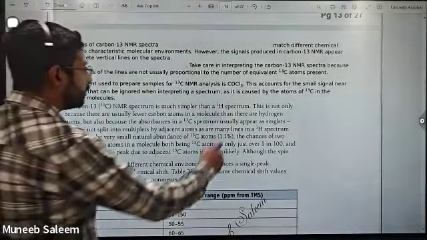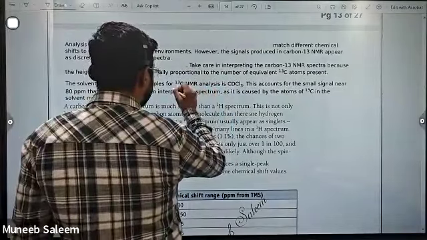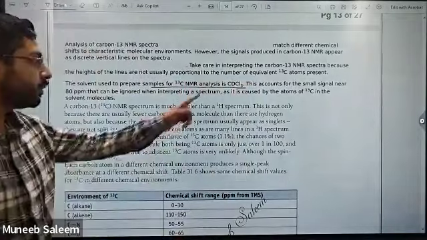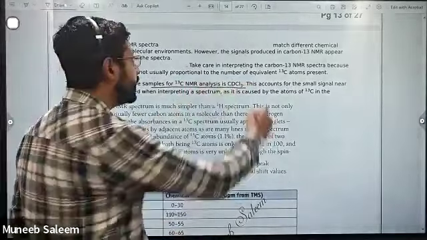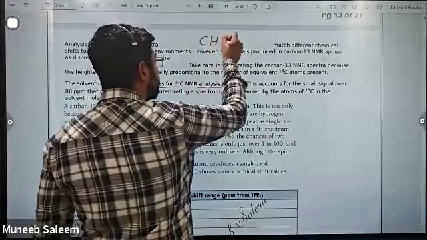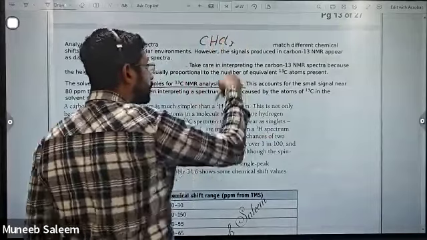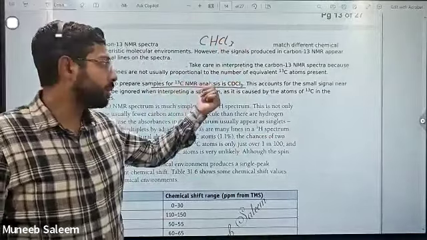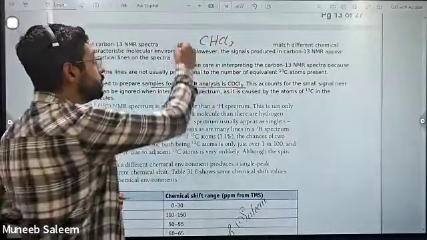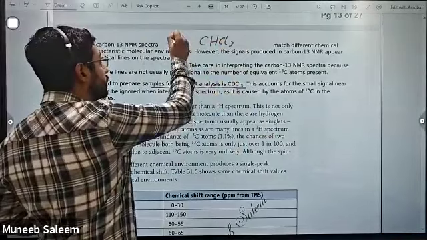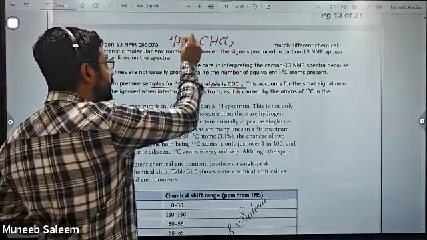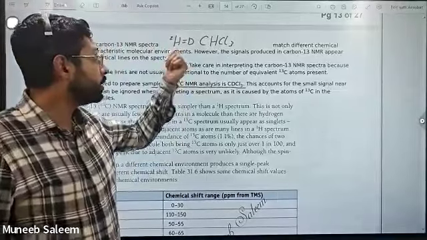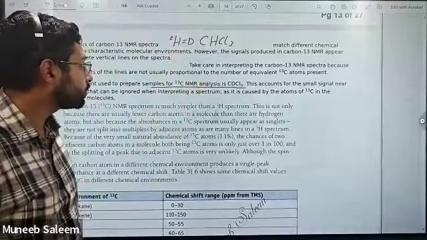The solvent in this case will be CDCl3 for the carbon-13 NMR analysis. It is just like CHCl3. The difference is that they are using the other isotope of hydrogen, hydrogen-2, having mass number 2, represented by the symbol D, deuterium.